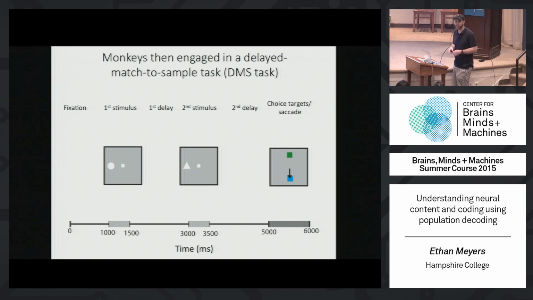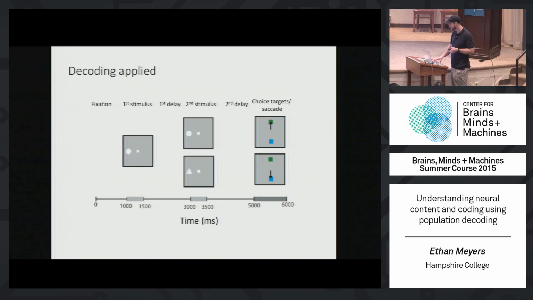Okay? And so what we wanted to know was, when the monkey is performing this task, it needs to remember the stimuli and whether they were matched or not. Is there a change in the monkey's brain? Okay. And so the way we're going to get at this is, not surprisingly, a decoding approach, right? We're going to use the same thing where we train the classifier at one point in time, test, and move on.